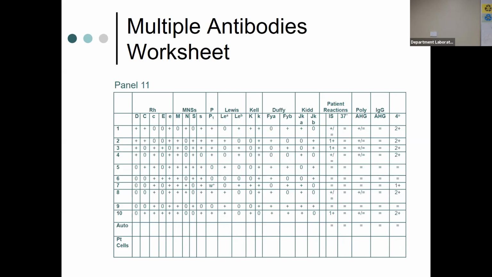So IgG and complement. What do we know about complement? How is complement activated? Through an IgM antibody. All right, so when you use polyspecific AHG and you have an IgM antibody, you could have some positive reactions in your AHG phase of testing.